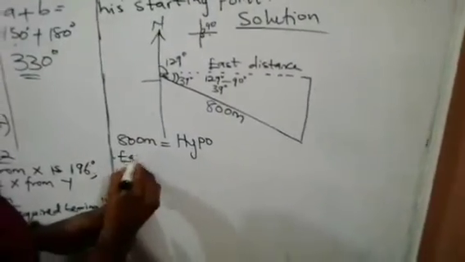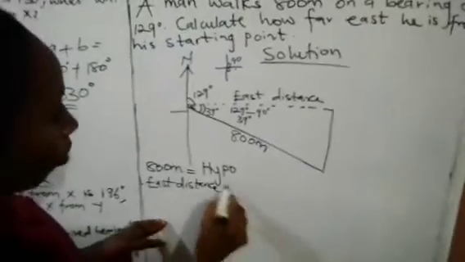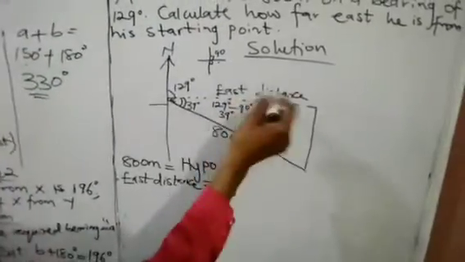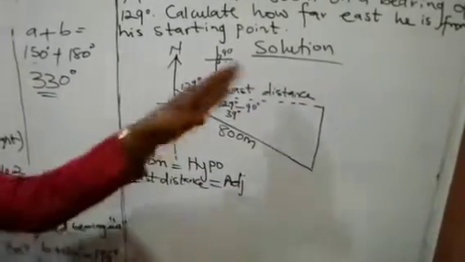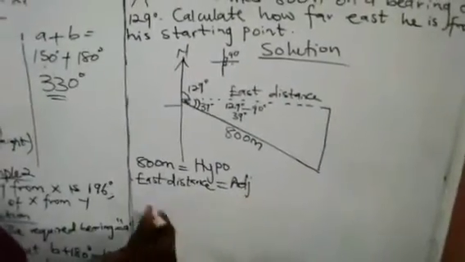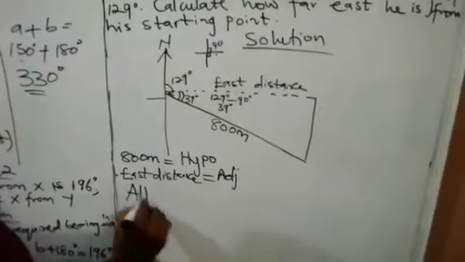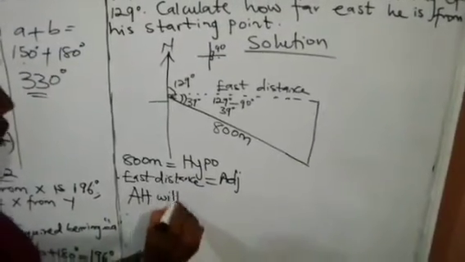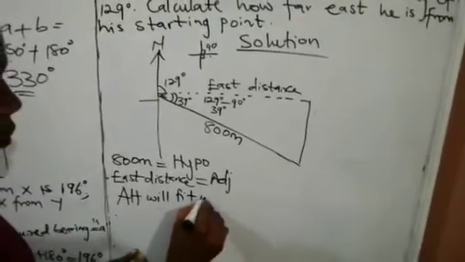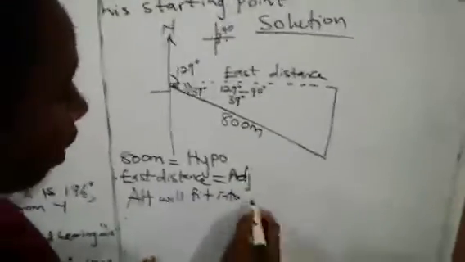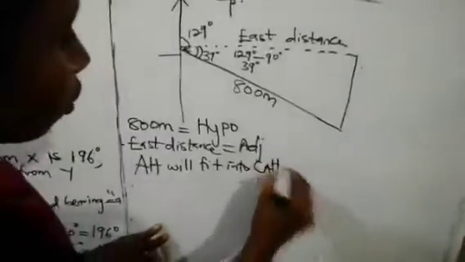So our east distance equals the adjacent, because here is the opposite and here is the adjacent. We are looking for the east distance, which is the adjacent. According to what you have here, A and H will fit into cosine.